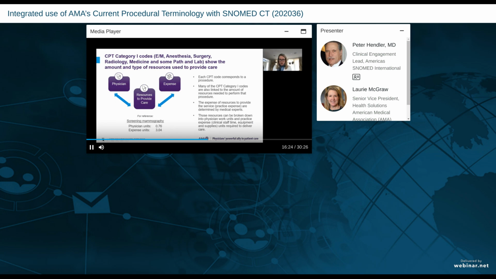Each CPT code is linked to a procedure or service that is codified with a unique descriptor. Many of the CPT Category 1 codes are also linked to the resources needed to perform that procedure. These resources can be expressed as units, physician work units, or practice expense units.